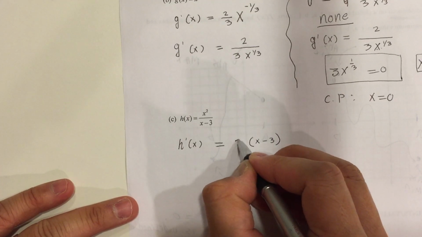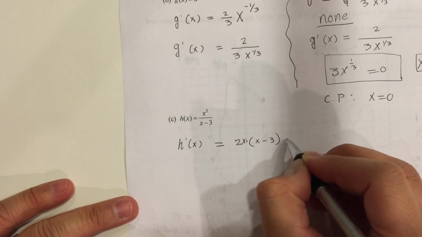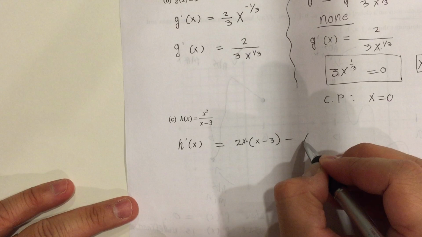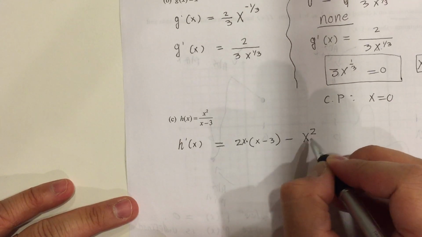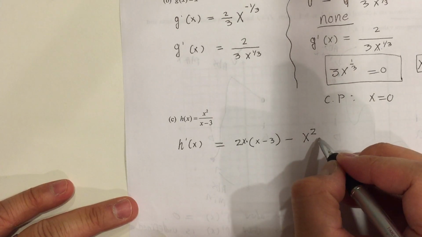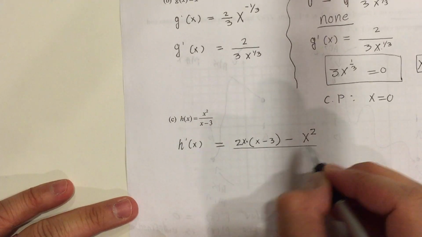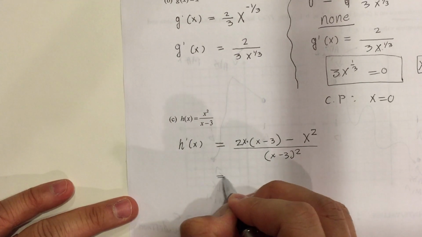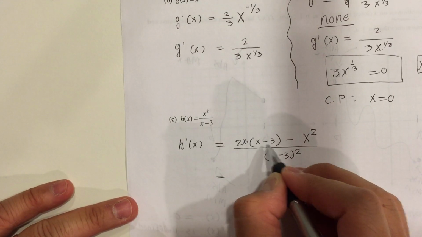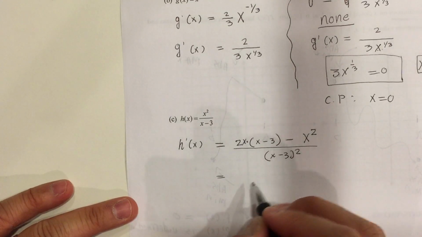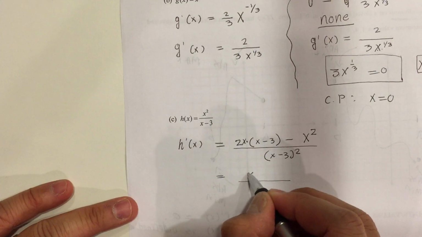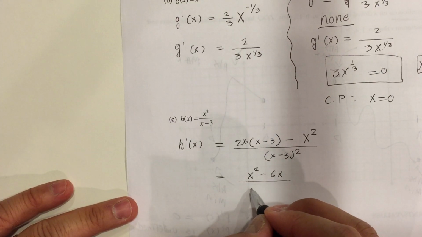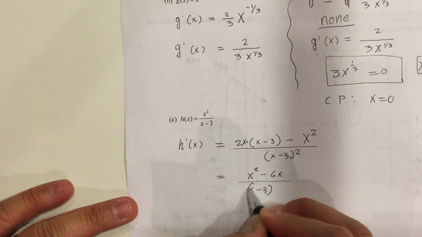Low d high minus high d low. D low is 1, so I don't have to do anything, over low square. So guess what? I'm going to have 2x squared minus x squared. That leaves me with 1x squared minus 6x over x minus 3 squared.